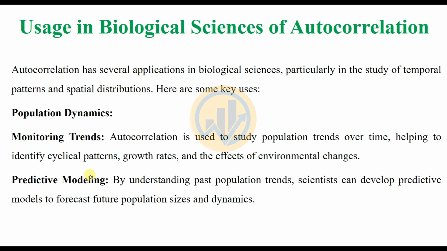Monitoring trends: autocorrelation is used to study population trends over time, helping to identify cyclic patterns, growth rates, and the effect of environmental changes. Predictive modeling: by understanding past population trends, scientists can develop predictive models to forecast future population size and dynamics.